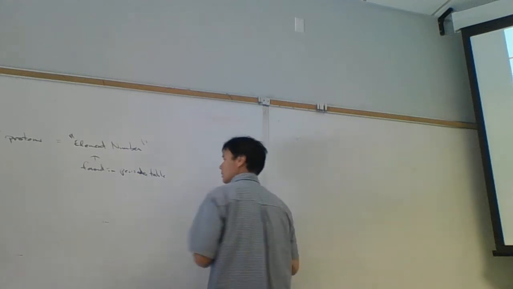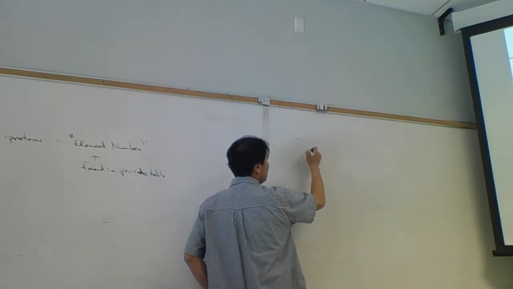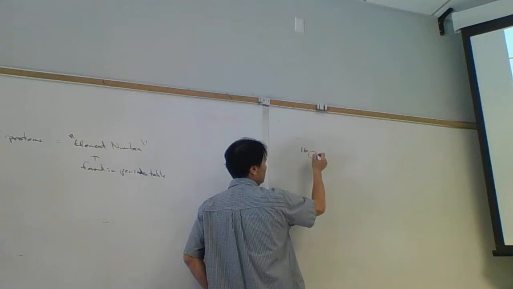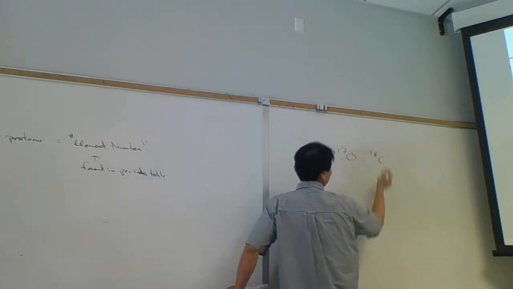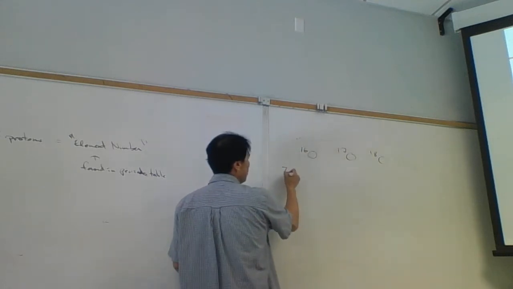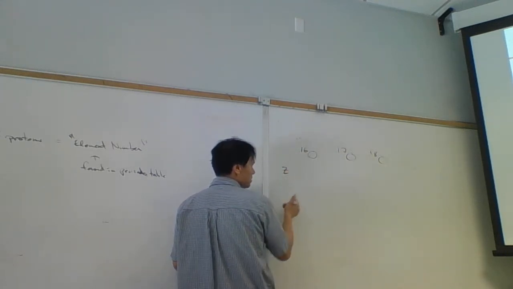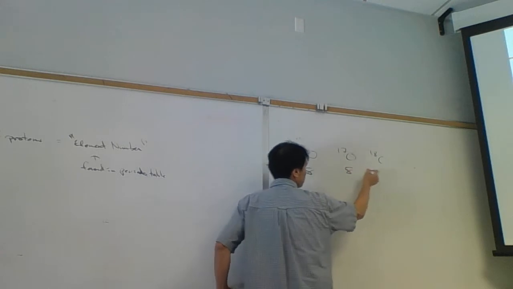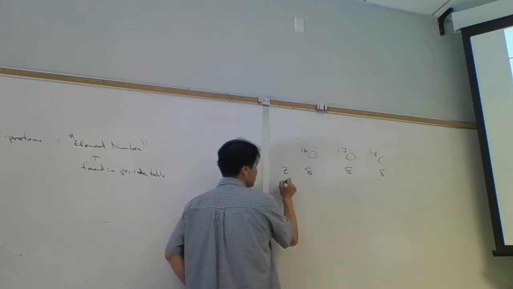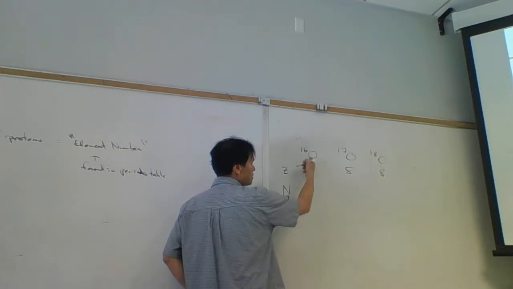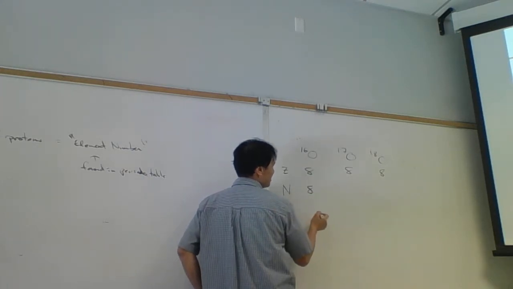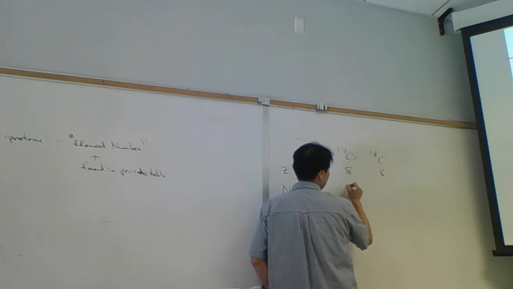So this morning, you probably drank some oxygen, what we call oxygen 16, oxygen 17, and oxygen 18. And so all the oxygen atoms that you consume today have 8 protons. But the difference is in the number of neutrons. Oxygen 16 has 8 neutrons. Oxygen 17 has 9 neutrons.